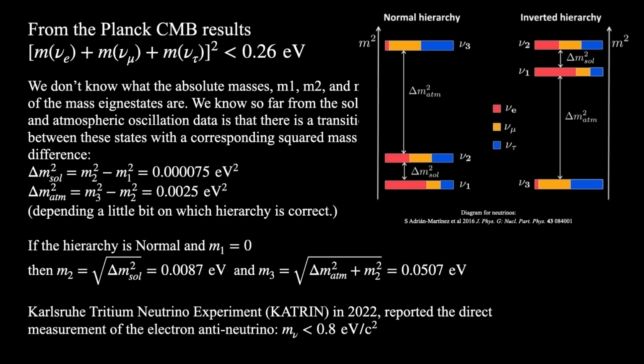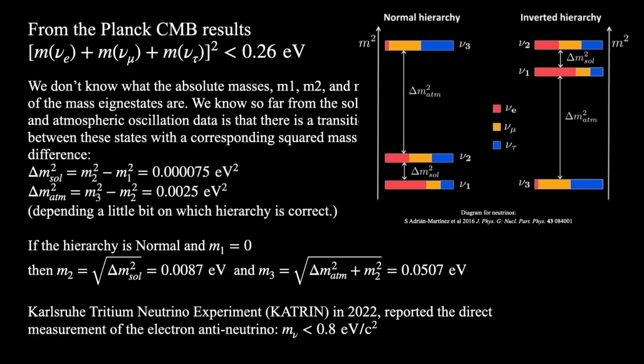So delta m sub sol squared is equal to state 2 squared minus state 1 squared, and that's approximately 7.5 times 10 to the minus 5 electron volts squared. Of course, you can divide by c to the fourth here to get mass squared, but the energies in particle physics are usually stated in rest mass energies. Next, the atmospheric oscillations show the mass difference between states 3 and 2, approximately 2.5 times 10 to the minus 3 electron volts squared.